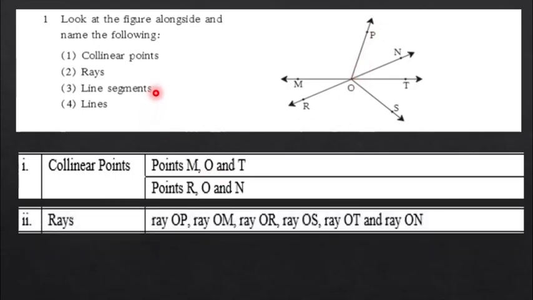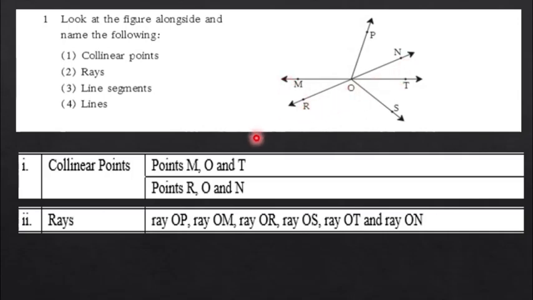Next is line segment. Do you all remember line segment? Line segments are always fixed. They cannot be extended. That means at both the ends you need to put the dots. So here in this figure you can find OM is a line segment, OR, OS, OT, ON, OP and also MT and RN.